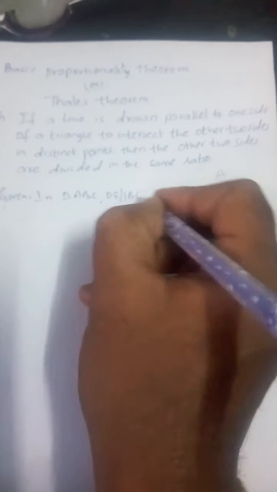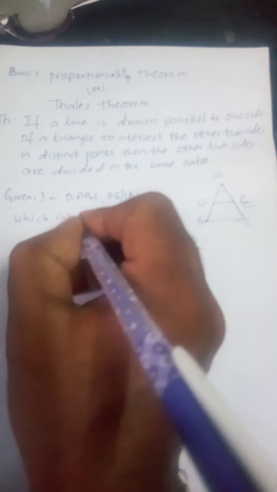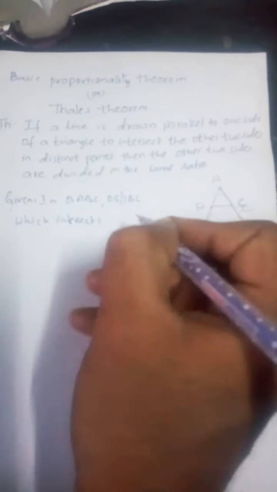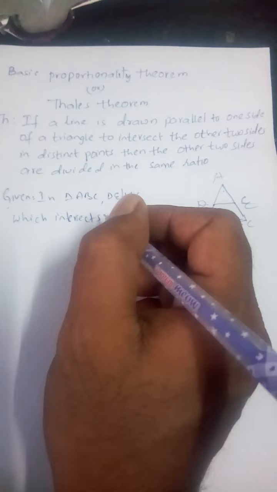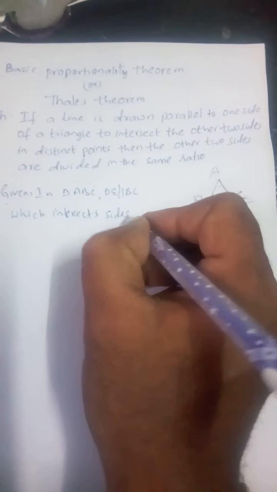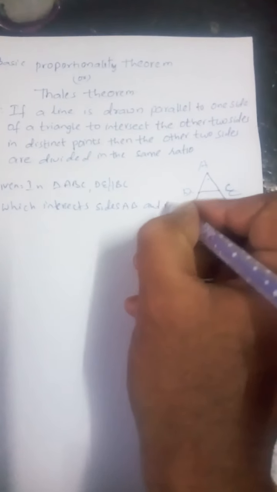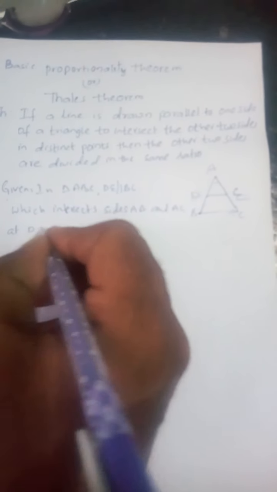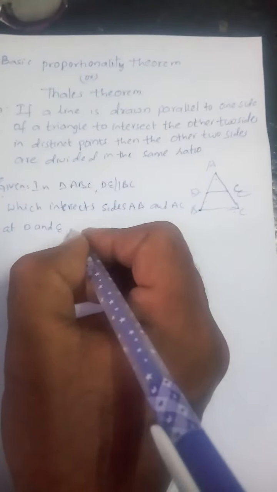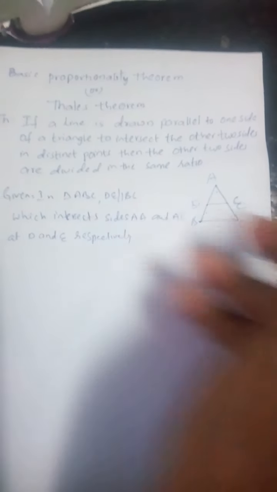Therefore, DE is parallel to BC, which intersects sides AB and AC at D and E respectively.